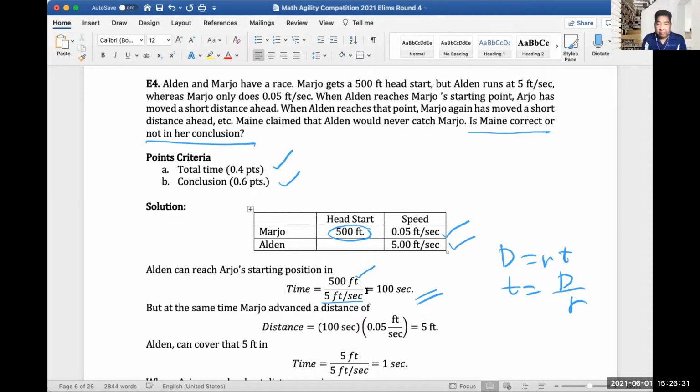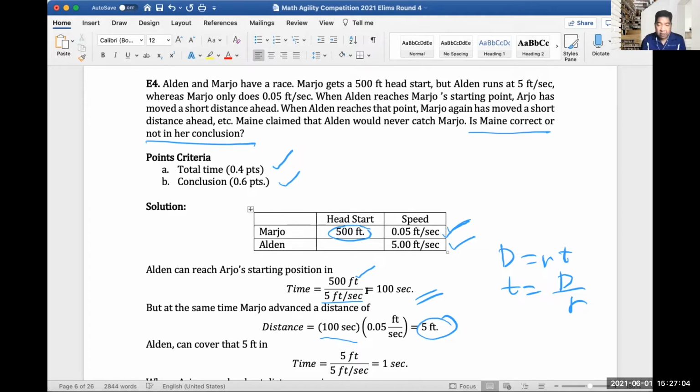But at the same time, while Alden is reaching that starting position, Marjo is actually advancing. At 100 seconds, the distance traveled by Marjo is 100 seconds times 0.05 feet per second, that is his speed, so he would move 5 feet after 100 seconds. Again, let's go back. Alden can cover that 5 feet.